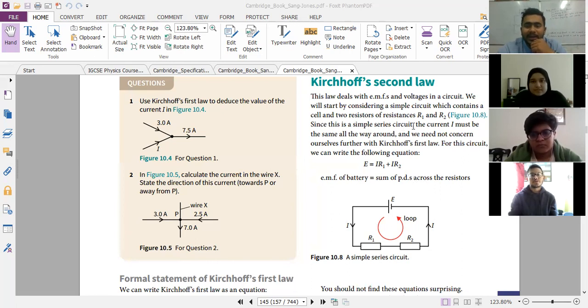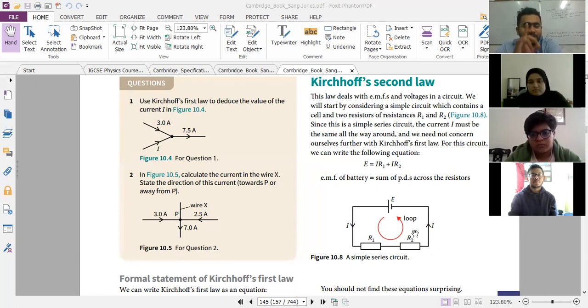The current I must be the same all the way around, and we need not concern ourselves further with Kirchhoff's first law. Why don't we concern ourselves much with Kirchhoff's first law? Because the current is the same everywhere. Look, here it is I, here also I. It's not I1, I2, I3. It is only I all the way.